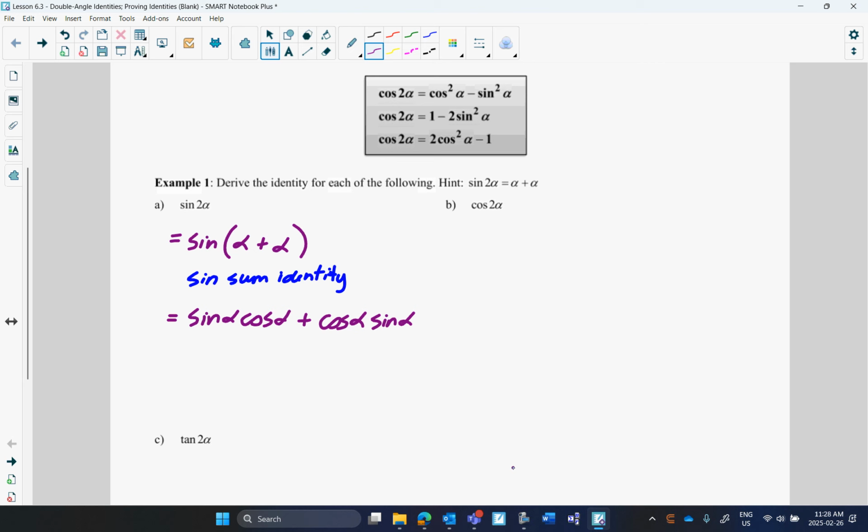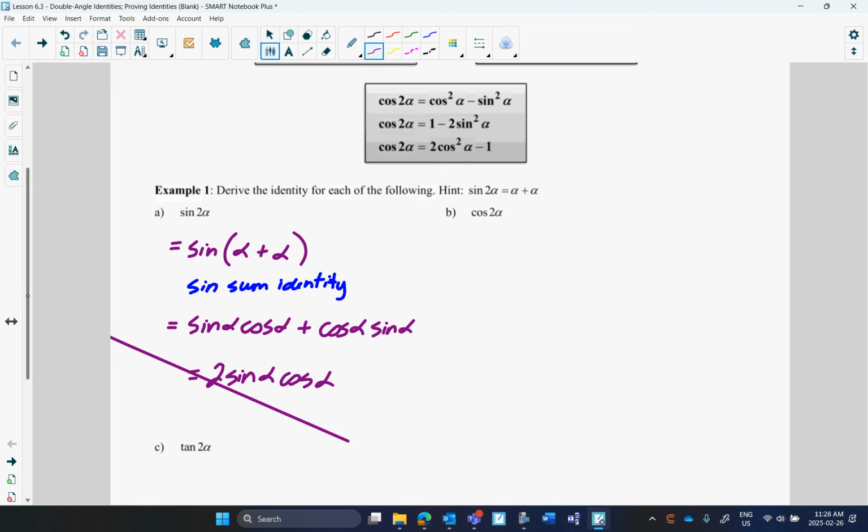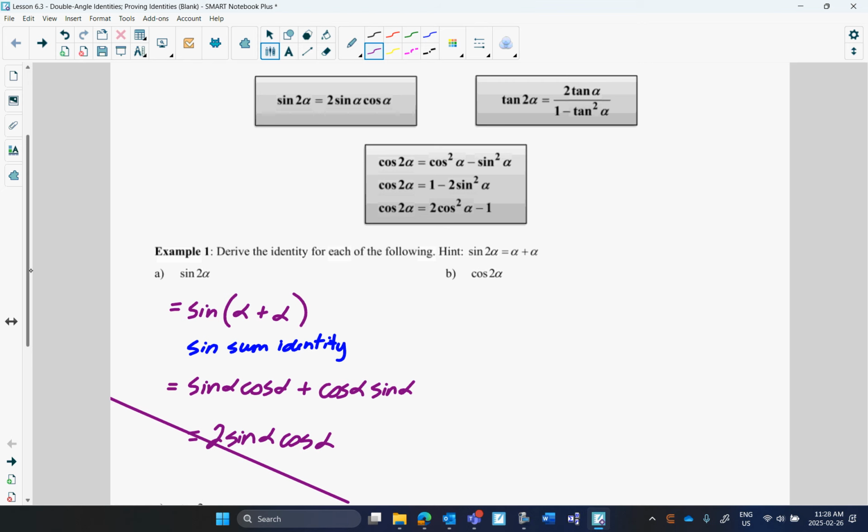If I've got a sine theta cos theta and I add another sine theta cos theta, I got 2 sine theta cos theta. And notice, that's the formula. So we proved that this is equal to this using the sine sum identity.